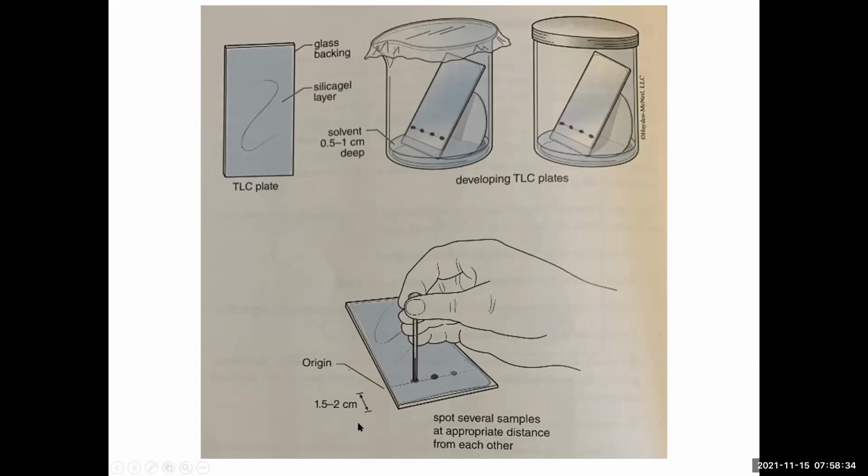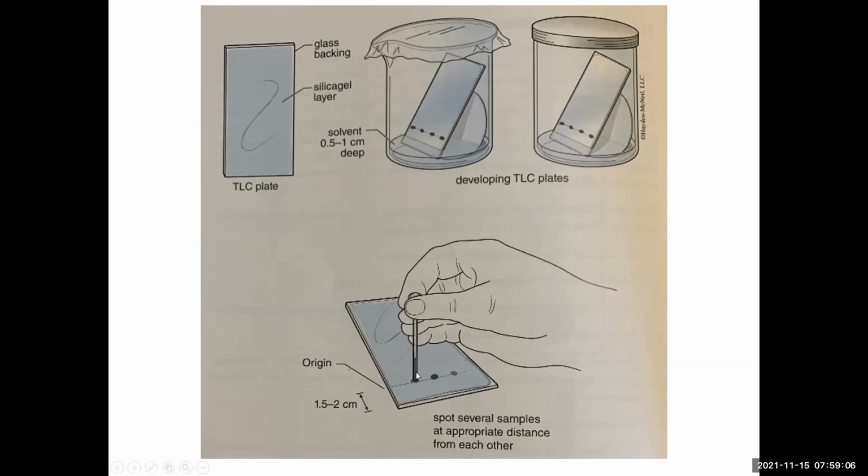And that line that we draw with pencil is typically 1 to 2 centimeters from the bottom of the plate. And then you can even put little dots with your pencil where you plan to spot compound. That you know, okay, there's 3 dots, I'm going to spot 3 different mixtures onto this plate, and this is exactly where I place them. Because the compounds will move up the plate, but the pencil mark will still be there at the end.